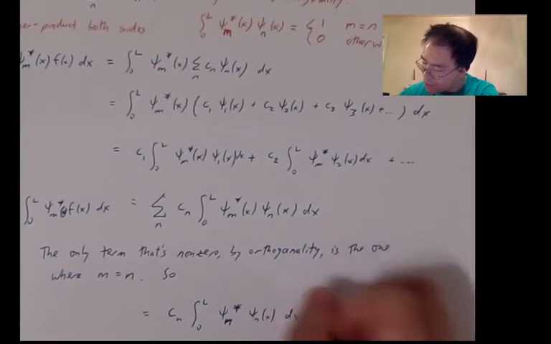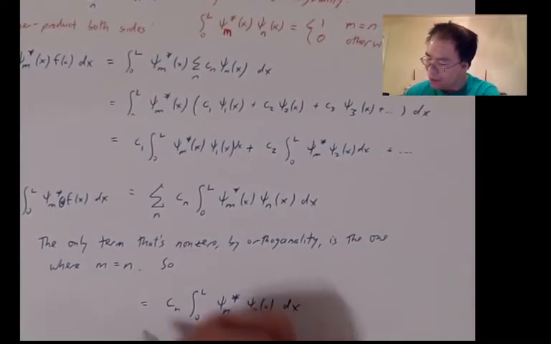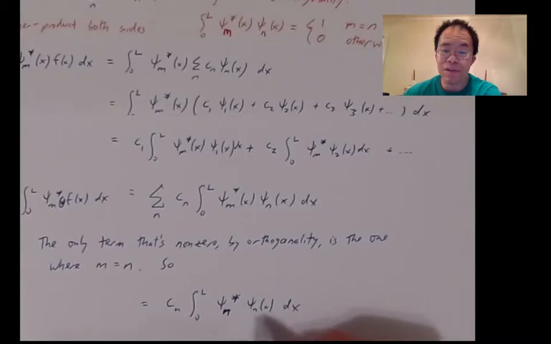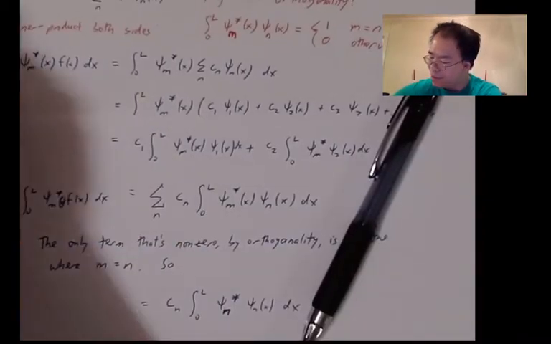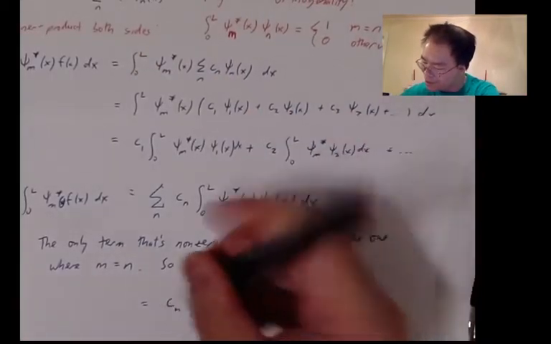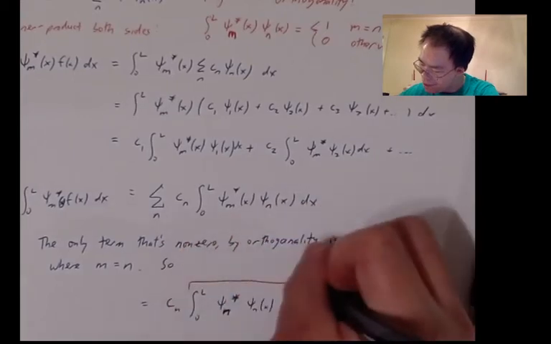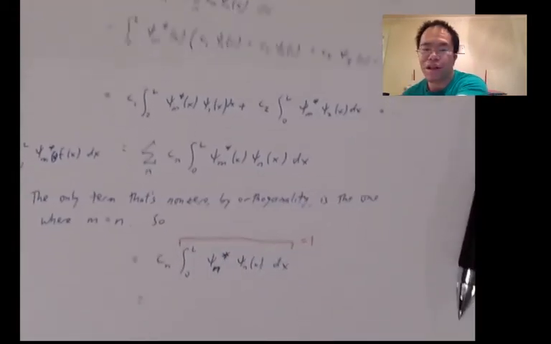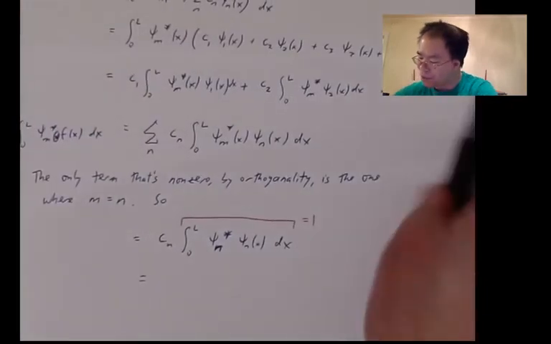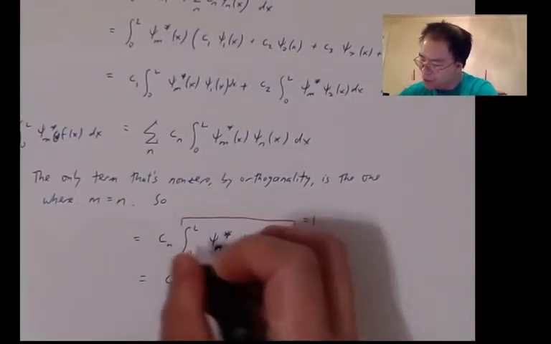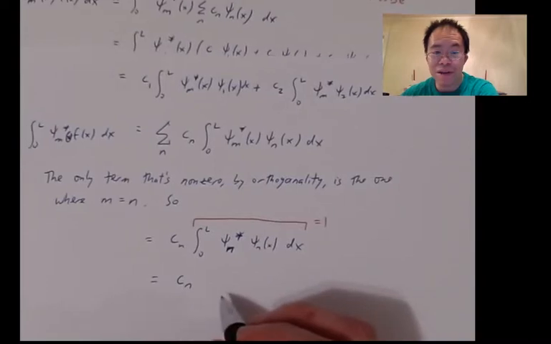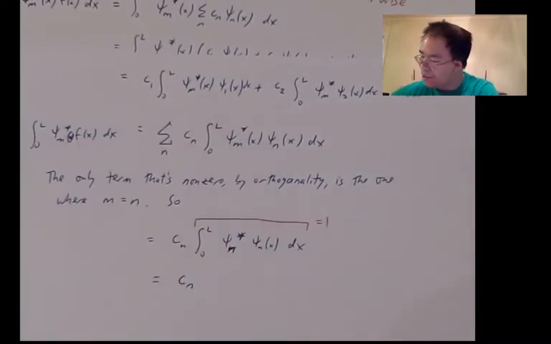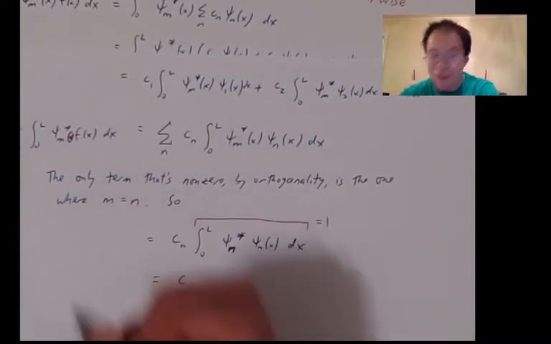But this integral we know, by normalization, equals 1. So we're left with just c sub n on the right here.